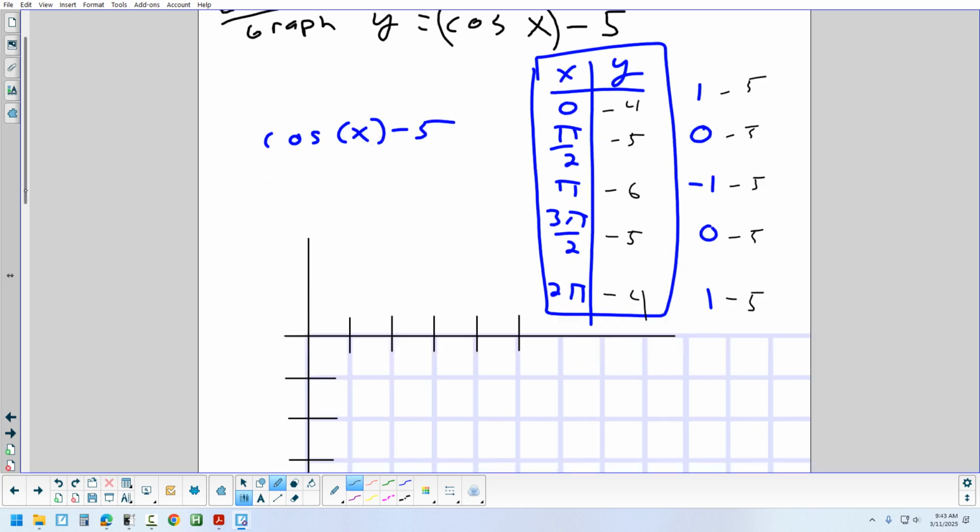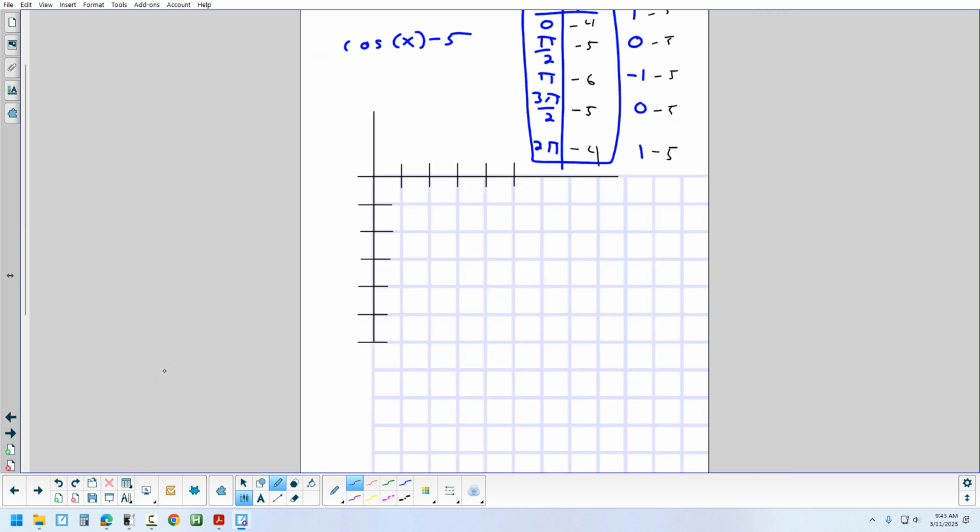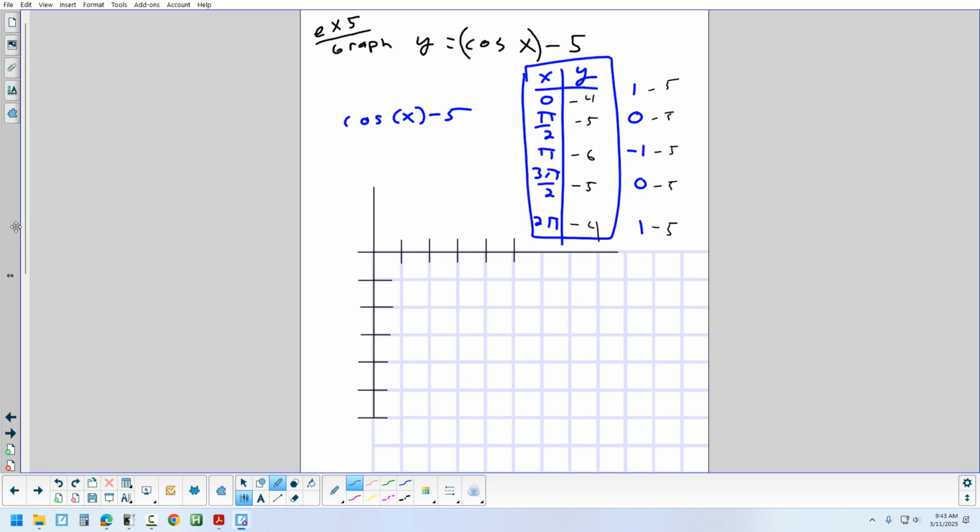So the last thing is the sketch. Because I'm shifting down 5, I can put all my labels right there. I won't have any problem. Just see if I put enough. Yep, exactly enough.